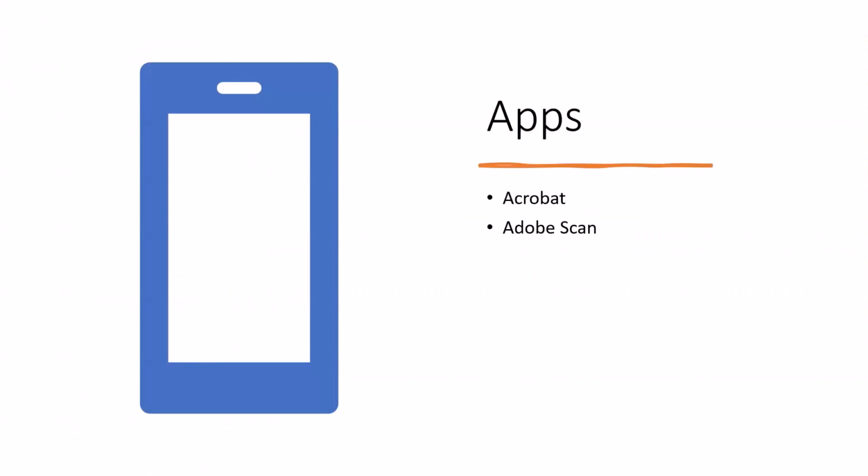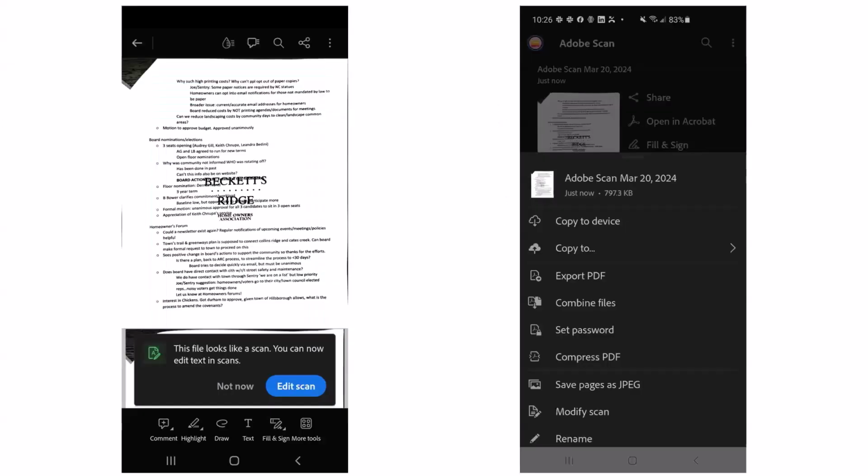The other thing is that with your subscription, you get apps. And so 2 of the apps are the Acrobat app itself and Acrobat Scan. So when I used Acrobat Scan to scan a document that I had hanging around on my desk, it does a pretty good job and makes it pretty easy.